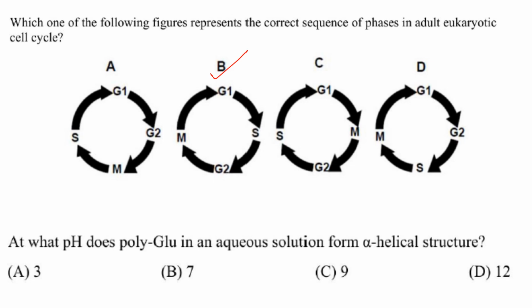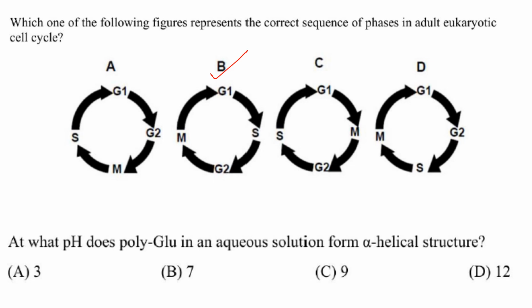Now if the pH is greater than 4, that is in other options, that is 7, 9 and 12, it will result in deprotonation, and deprotonation, what will happen is it will increase electrostatic repulsion and thereby destabilizing of the alpha helical structure. So 7, 9 and 12 are not the right answers, because the pH is greater than 4.